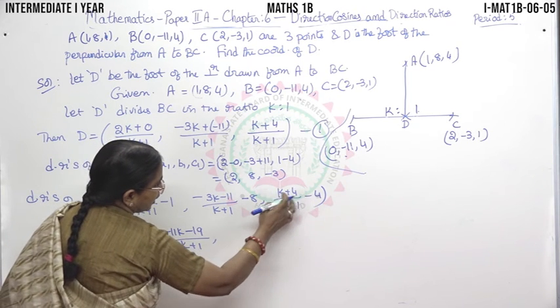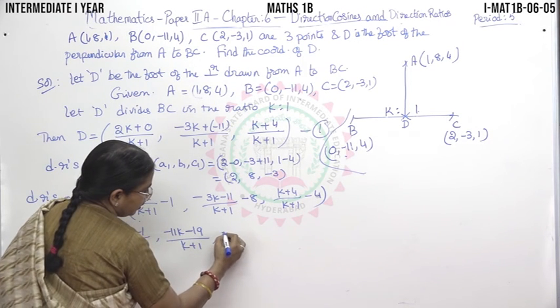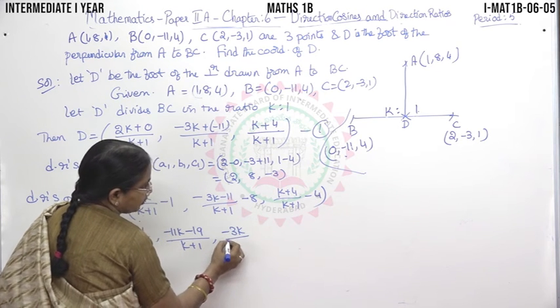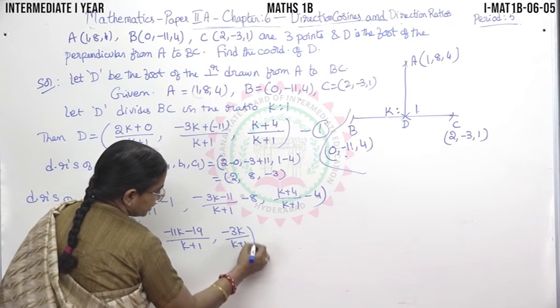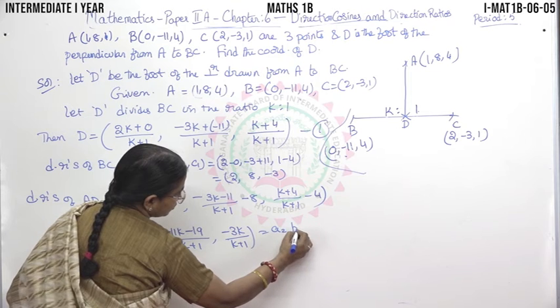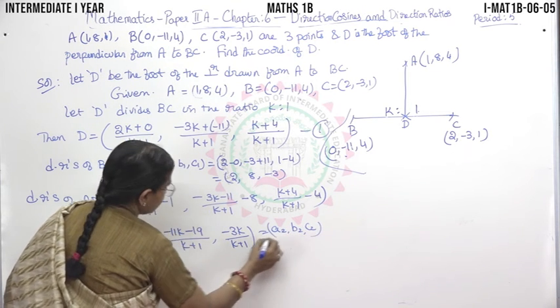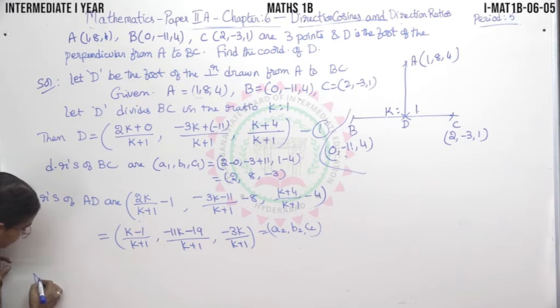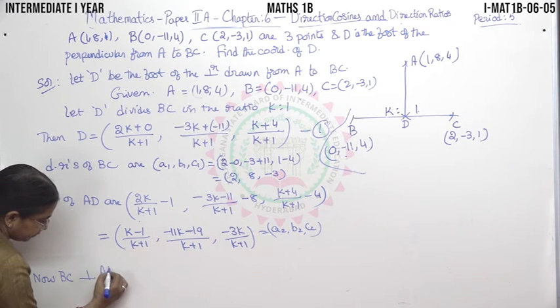And here k plus 4 minus 4k minus 4, that is minus 3k by k plus 1. So this is your a2, b2, c2. These are the direction ratios of AD.